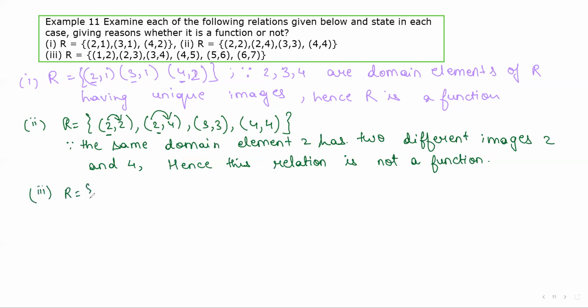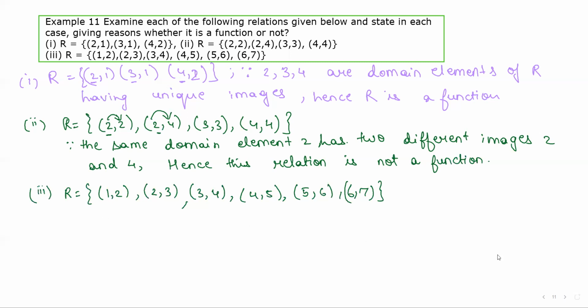R is equal to {(1, 2), (2, 3), (3, 4), (4, 5), (5, 6), (6, 7)}. Now here you can see that all the domain elements are unique in nature.